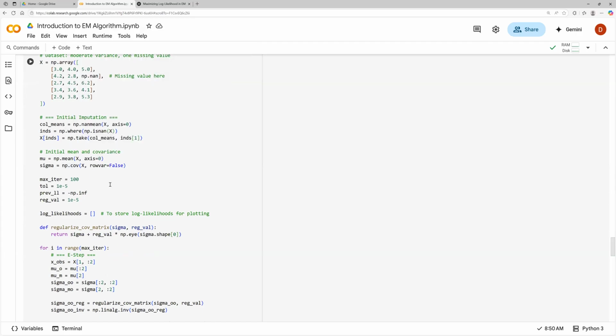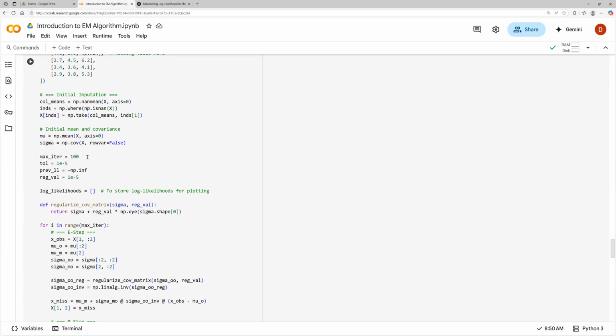Now here we go through some initial values, right? We have to initialize the run, which I call initializing the run. People call it, I think, the same thing, to be honest. So here we've got max iterations, 100, the tolerance level, the previous likelihood, which we set at negative np.inf, right?